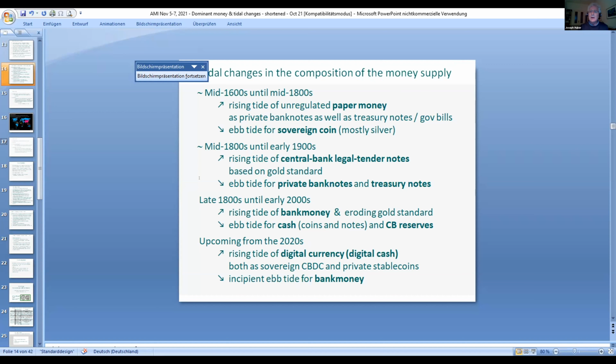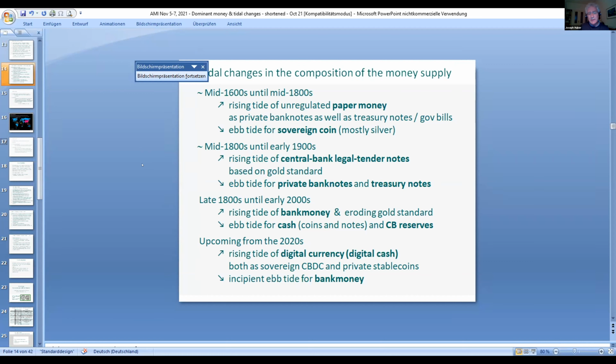I repeat, not the really existing, for various reasons, existing quantity of reserves that are not needed by the banks, but the, so to say, the base level, the amount of base level money banks need to create their own bank money, and that is really very, very much down, and that's the important thing.